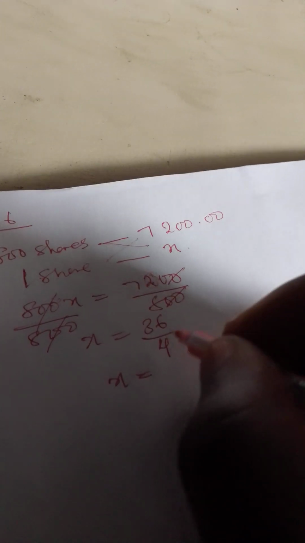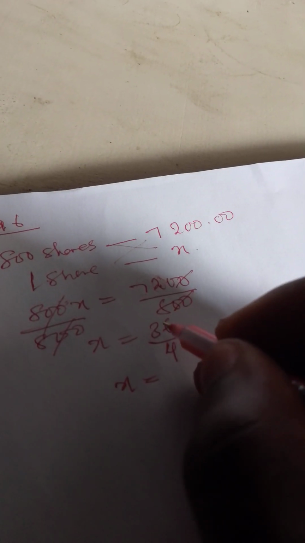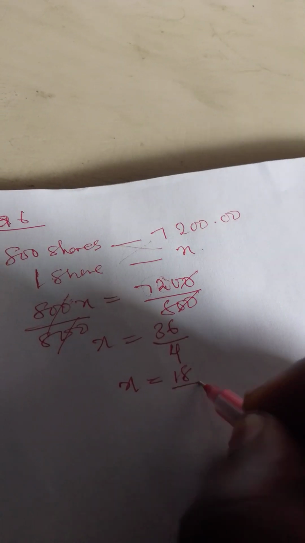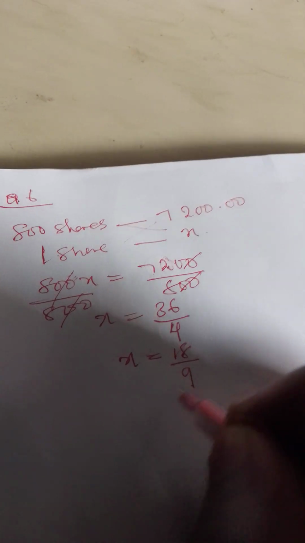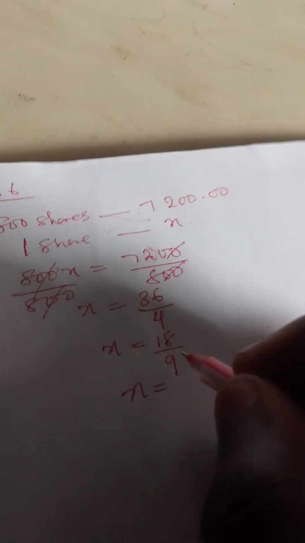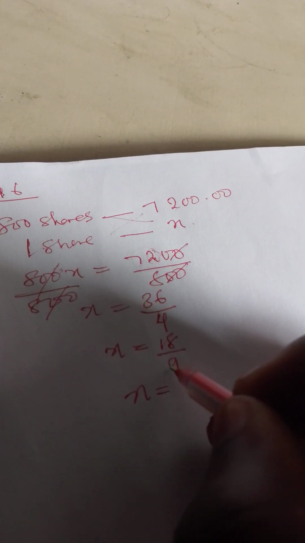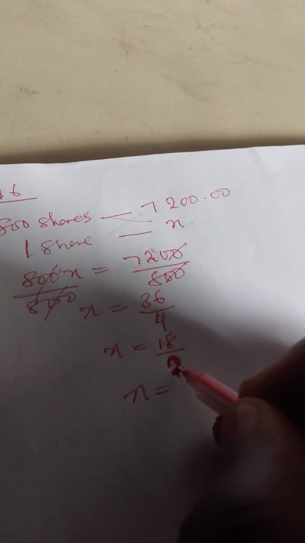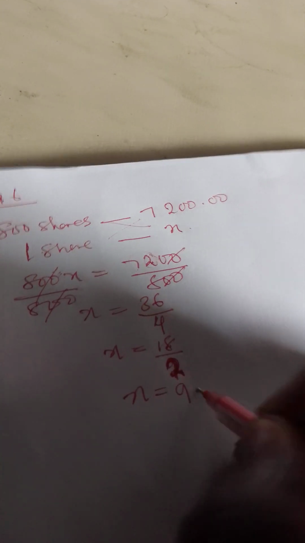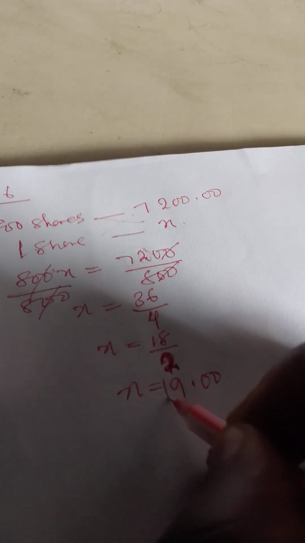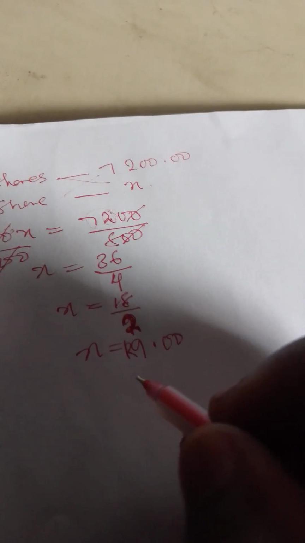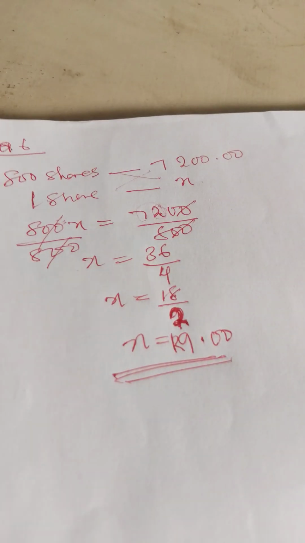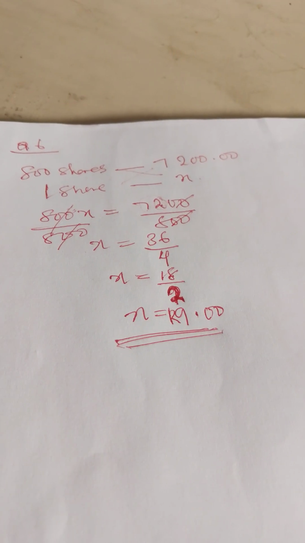Then 2 into 36 is 18, and 2 into 4 is 2. Then 2 into 18 is 9. So each share was going at 9.00 kwacha.